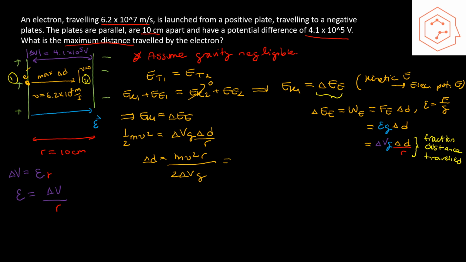If we make our substitutions, m for an electron is 9.31 times 10 to the negative 31 kilograms. V is equal to our initial velocity of 6.2 times 10 to the 7 meters per second squared. Just going to erase this to make more room.